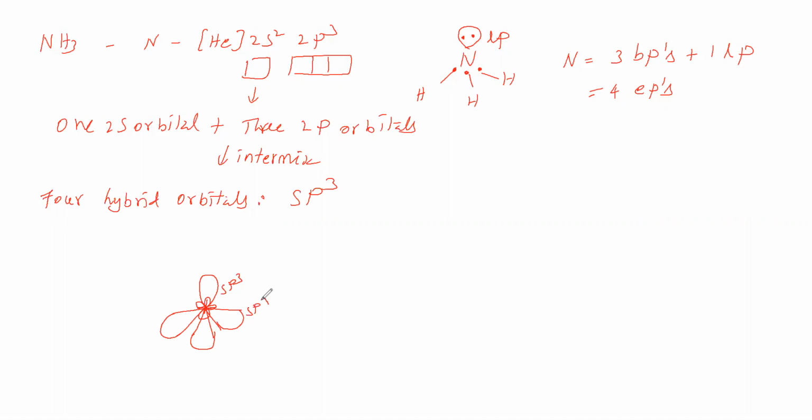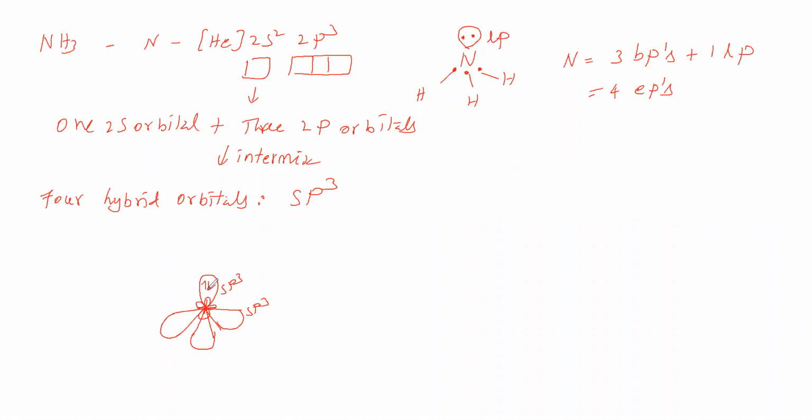Then how to fill the electrons in these hybrid orbitals? We have to see. For the lone pair, one hybrid orbital you give 2 electrons, because the nitrogen valence shell has one lone pair. Therefore, for one hybrid orbital you give a pair of electrons.